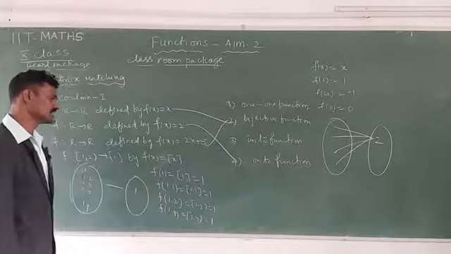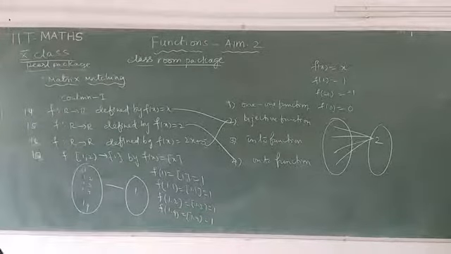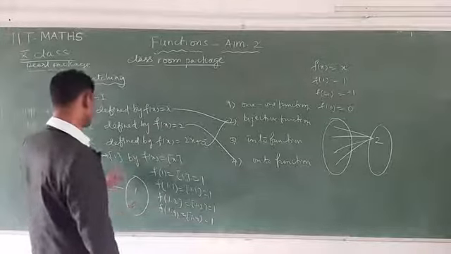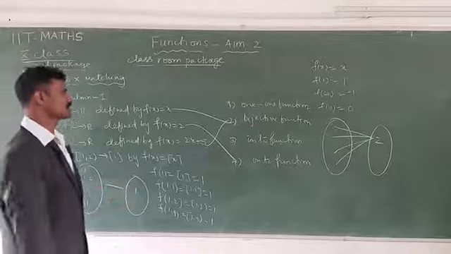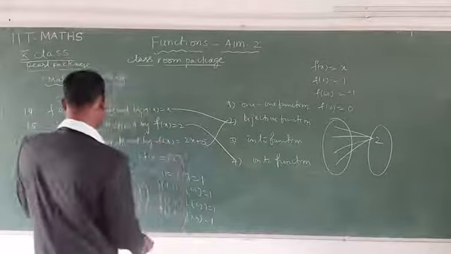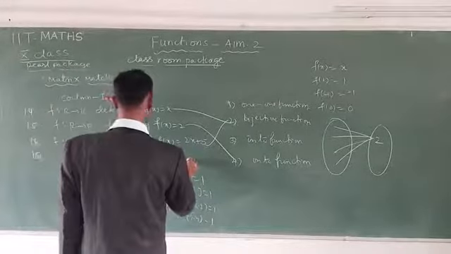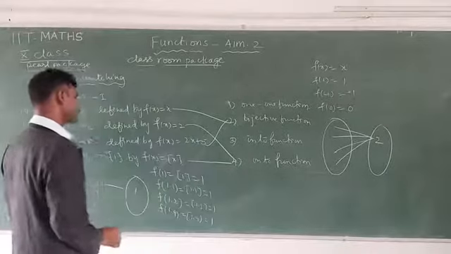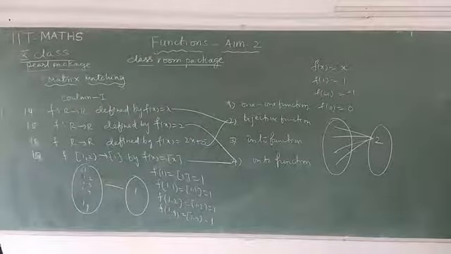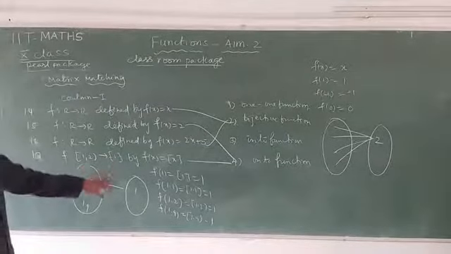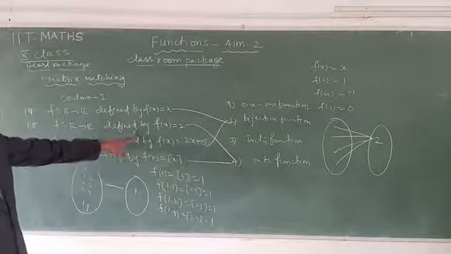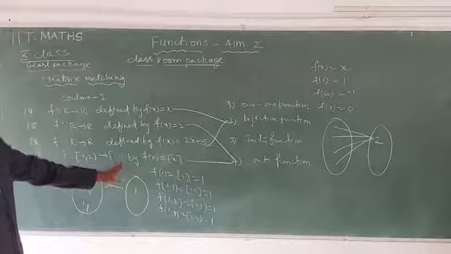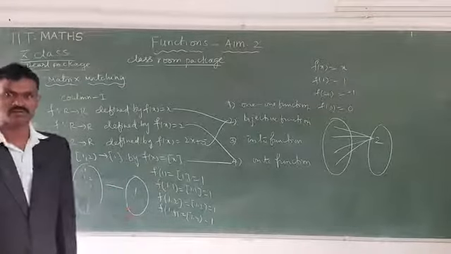This is the greatest integer function. All elements are mapped to only one element, that is 1. That's why this is an onto function, since only a single element is given in the codomain.